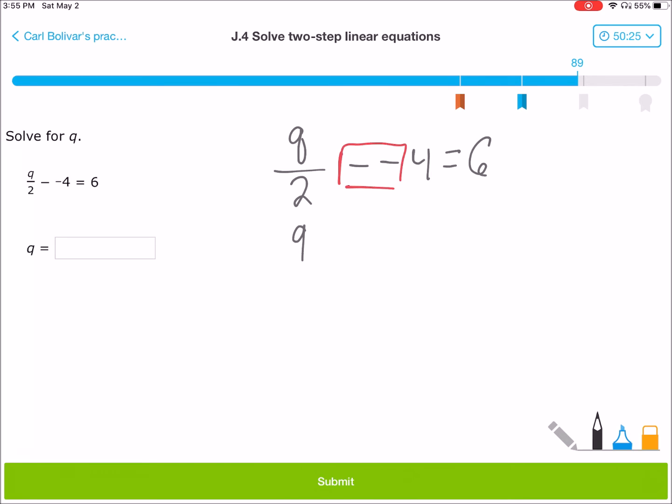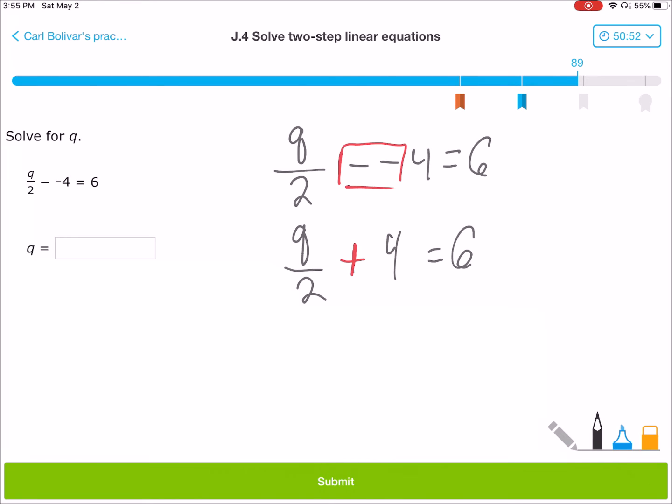Yes, they will become a positive. So, if we put positive there, this will then become q over 2 plus 2 is equal to 6. If I put a 2 there, it's 4.